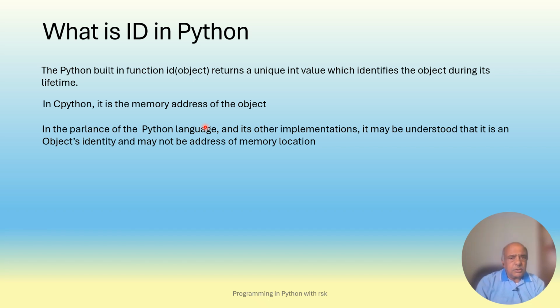In Python, an object's identity may not be the address of a memory location. It is specifically true for all other implementations of Python except CPython.